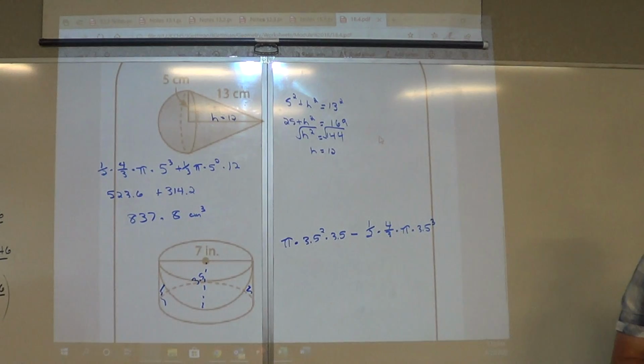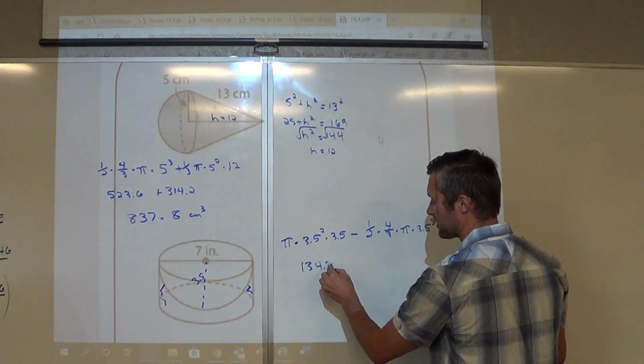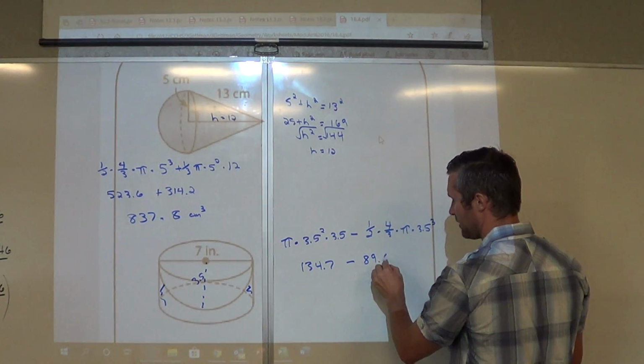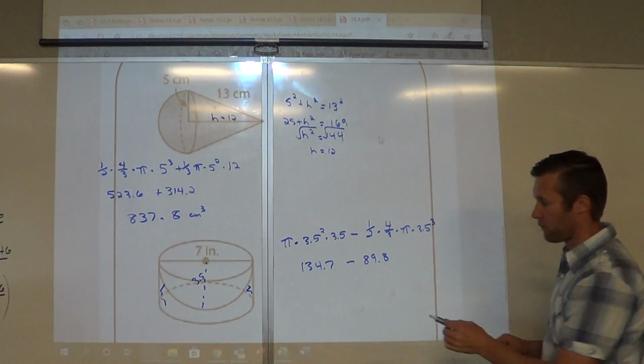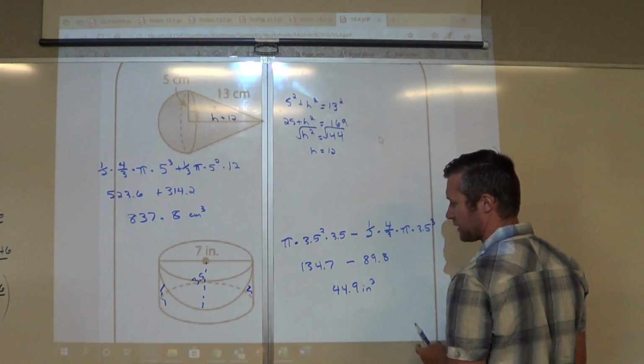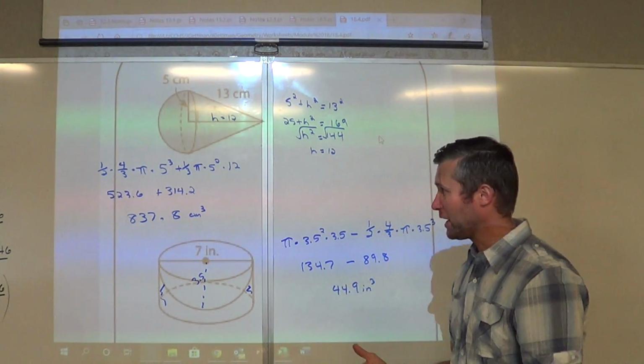And so when we do all that, it'd be 134.7 minus 89.8, which gives us 44.9 inches cubed.